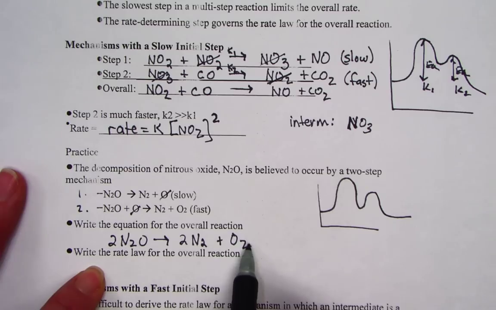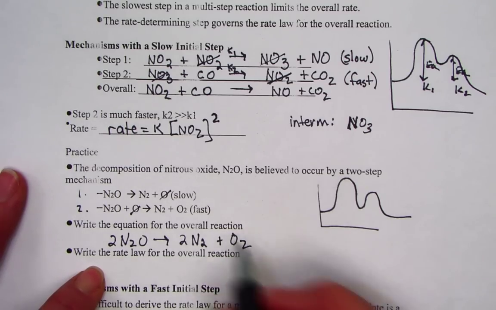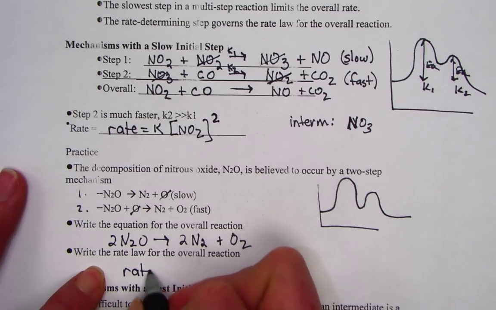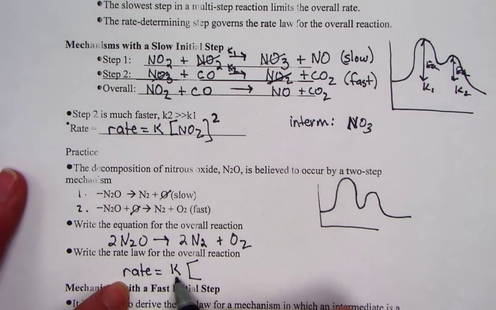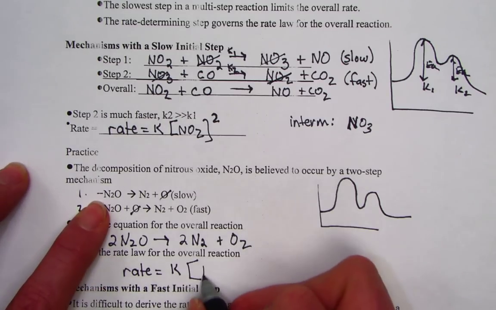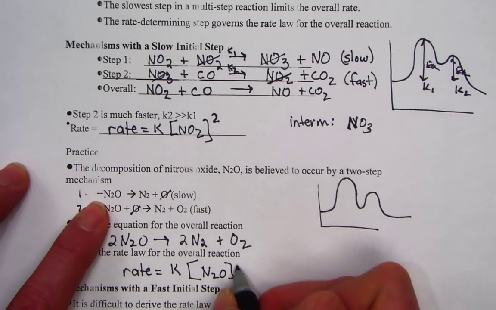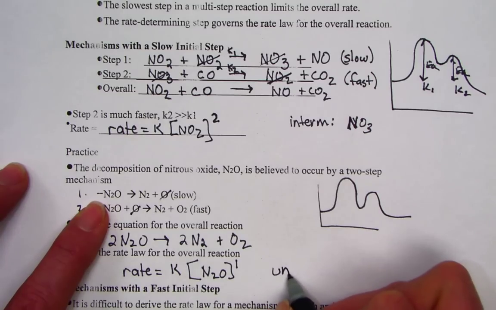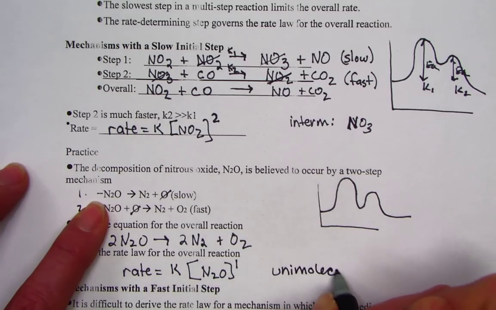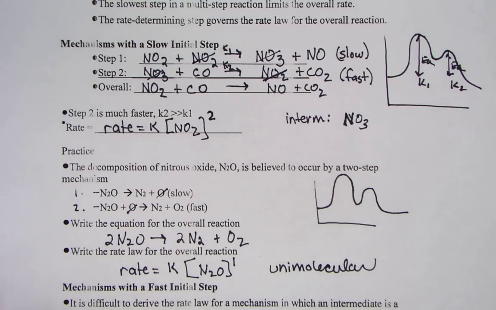This equation can only occur as fast as the slowest step in our mechanism. Our proposed reaction mechanism would give us an observed rate law: rate is equal to k times the concentration of N2O, first order with respect to N2O. This would be a unimolecular elementary reaction.